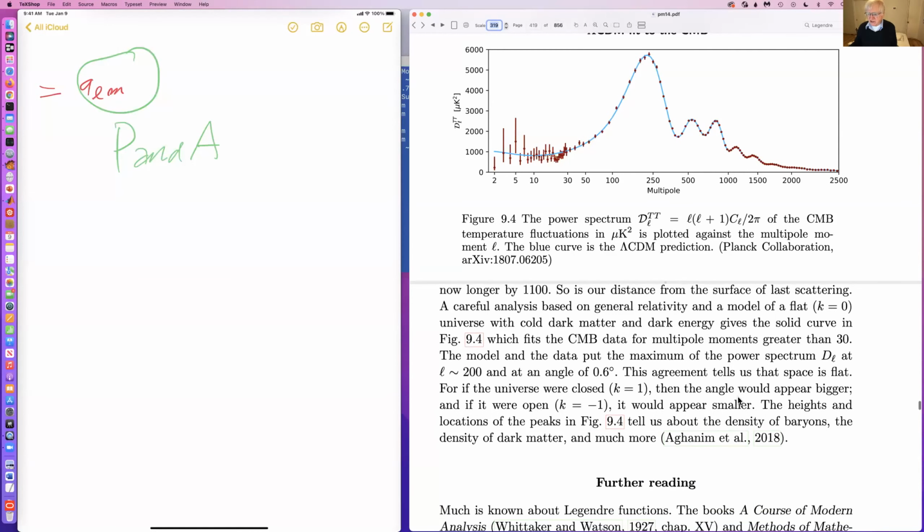And this agreement tells us the space is flat. If the universe were closed, k equal to 1, the angle would appear bigger. If it were open, it would appear smaller. And the heights and locations of the peaks tell us about the density of baryons, the density of dark matter, and much more. There are many, many papers put out by the Planck collaboration.